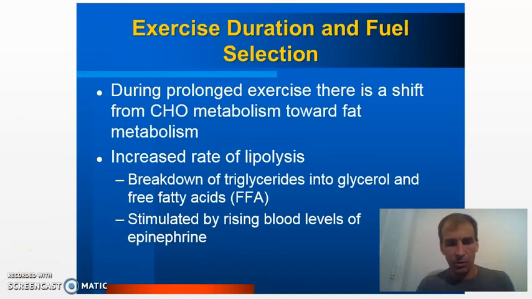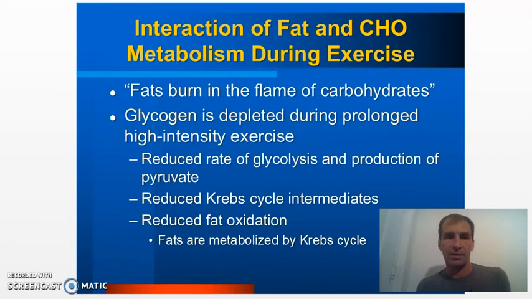Epinephrine also has another role in this. And so that's a key thing to understand, that with some of this long-term activity, we do move to fats. Glycogen is depleted, with a reduced rate of glycolysis. Now, having said that, this is long-term activity. I mean, we're talking an hour, 2 hours, which usually we don't always engage in. Usually for most of us, it's 30 minutes, 40 minutes, tops. But we will see that over the long term.